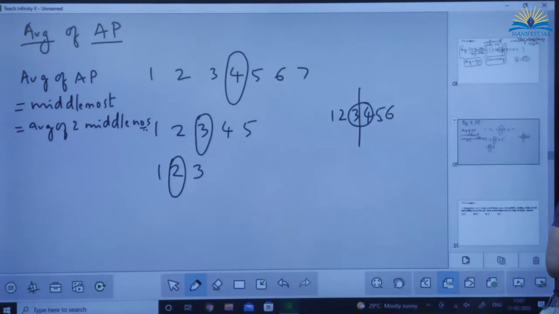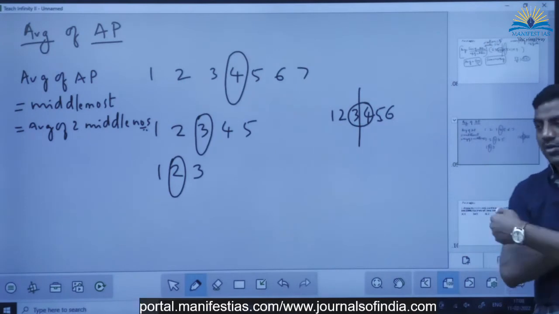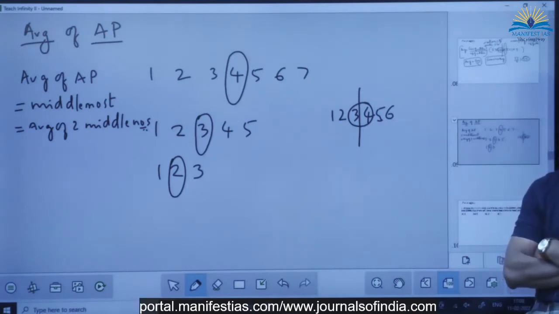If I ask you the problem, what is the average of the numbers from 1 to 100? Will you write it on paper? There must be some shortcut.